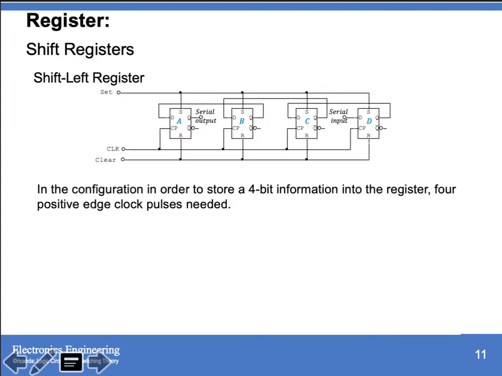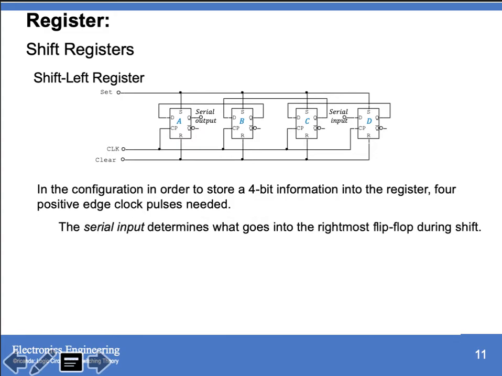The serial input determines what goes into the rightmost of your register, and the serial output is taken from the leftmost of your register.